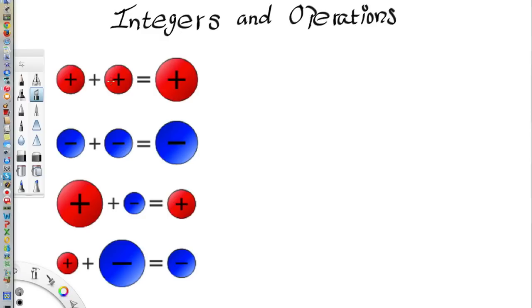And here, for example, we see two small positive numbers. Let's say 3 plus 2. Those are two relatively small integers, and when I add these two positive integers together, what happens? I get a larger positive integer. So when you add two small integers together, we just get a larger positive integer.